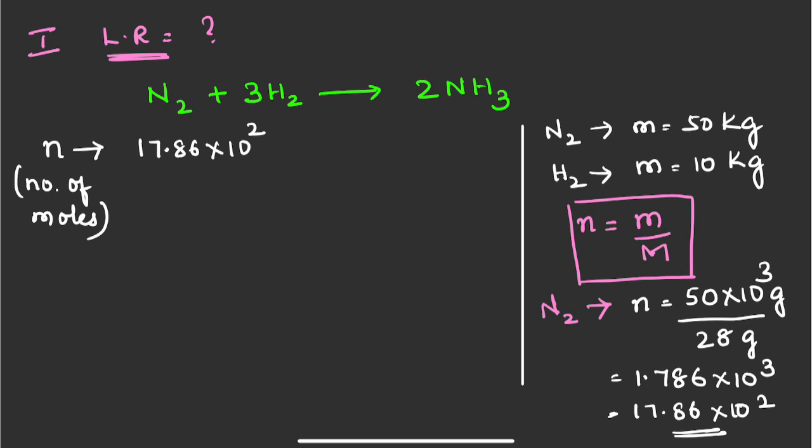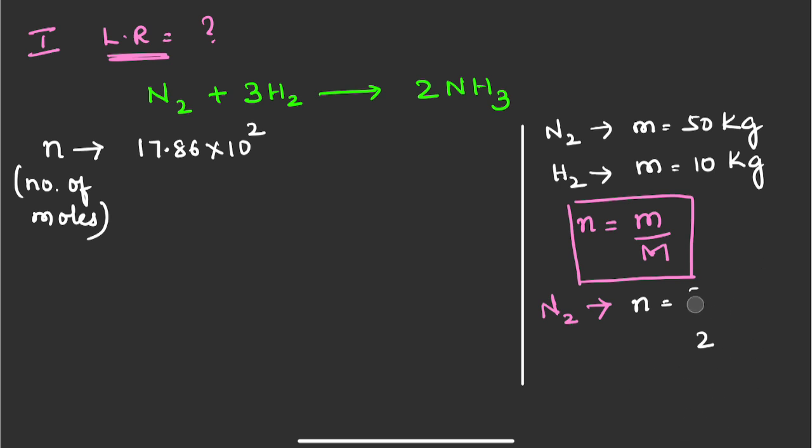Next I have to find for hydrogen. For hydrogen, the number of moles n is equal to mass, which is 10 kg, so 10 into 10 to the power of 3 grams, divided by the molar mass of hydrogen, which is 2.016 grams.